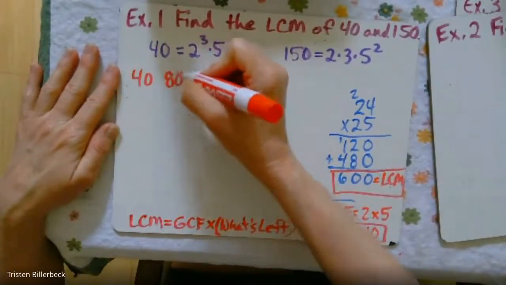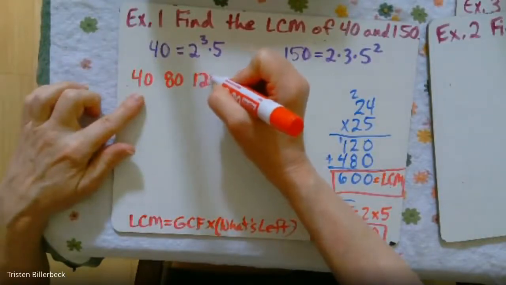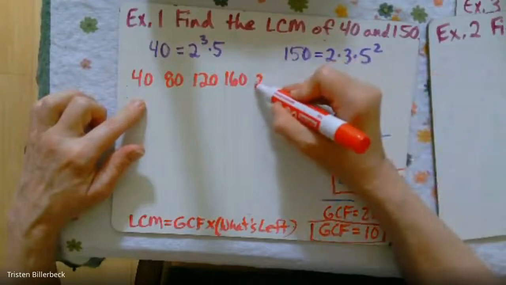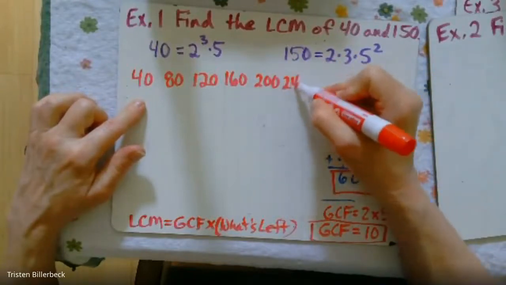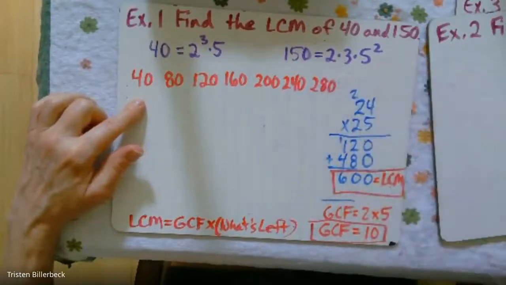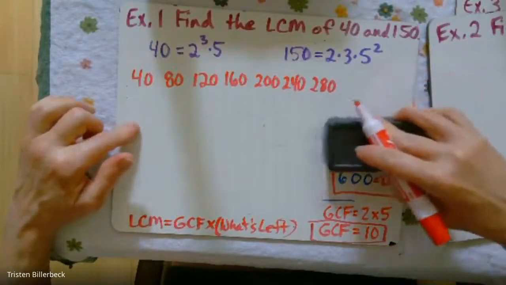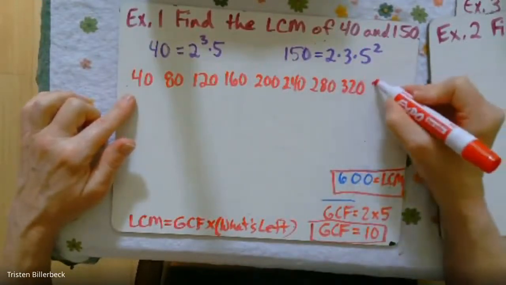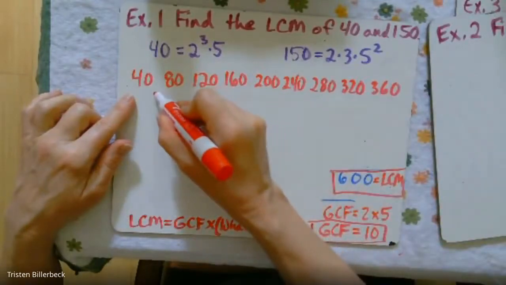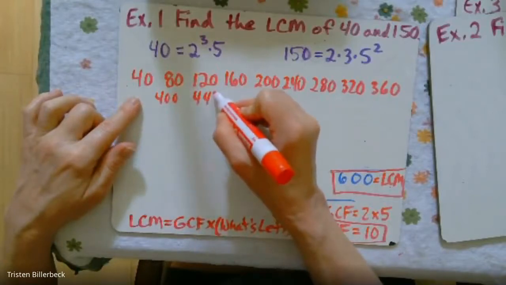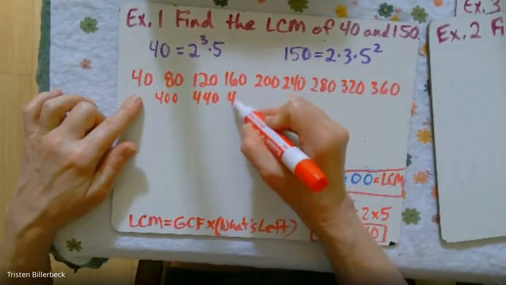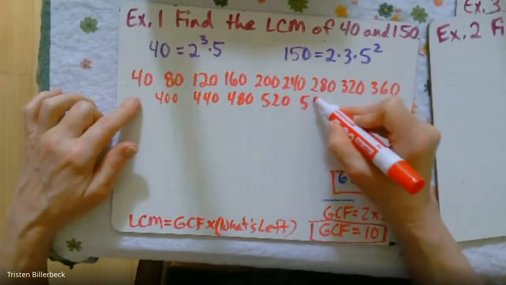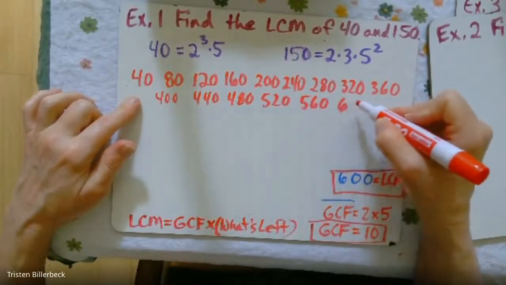We have 40, 80, 3 is 120, 4 is 160, 5 is 200, 6 is 240, then we have 7, 280, 8 is 320, 9 is 360, 10 is 400, 11 is 440, and 12 is 480, 13 is 520, 14 is 560, and then 16 is 600.